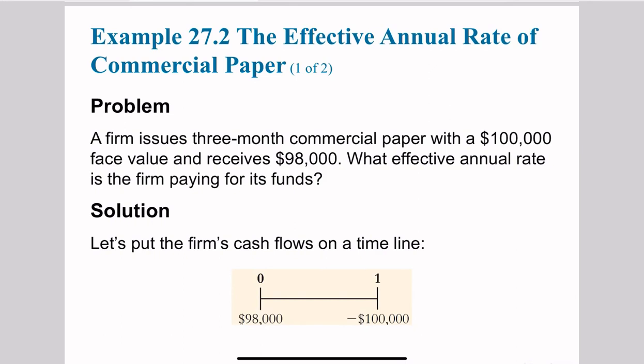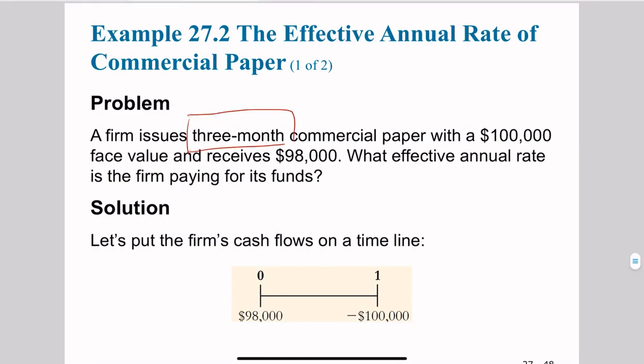So let's say a firm issues 3-month commercial paper with $100,000 of face value, and it receives $98,000. Then the question is, what is the EAR for this debt? This is like the simplest problem in this chapter. So first, we know that this is a 3-month commercial paper.